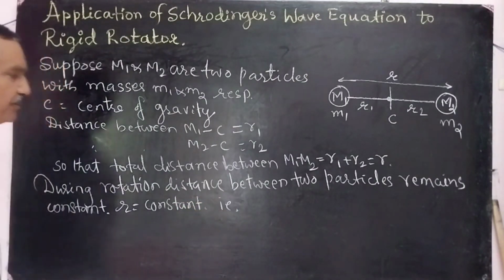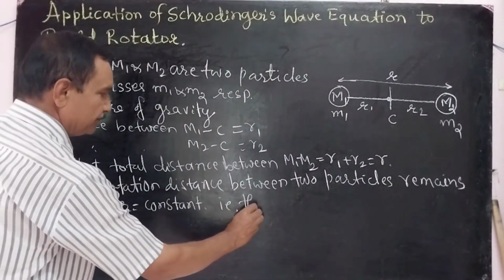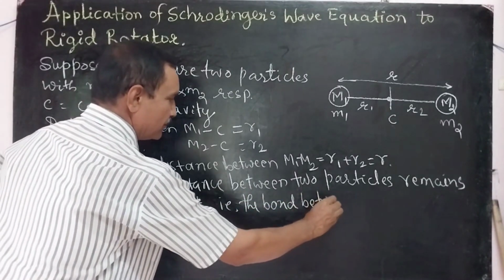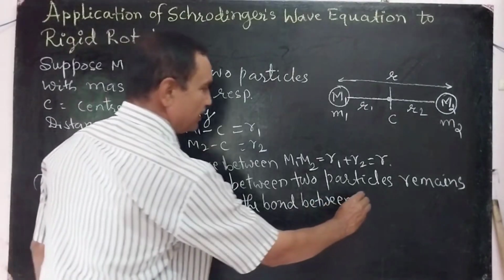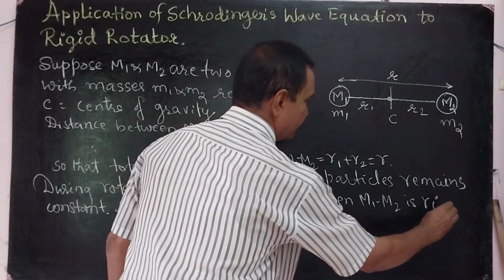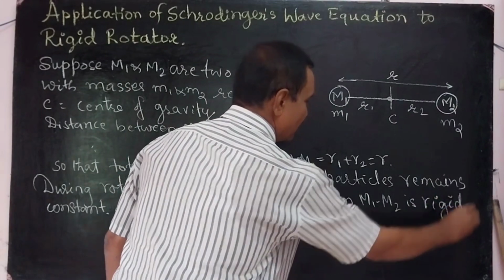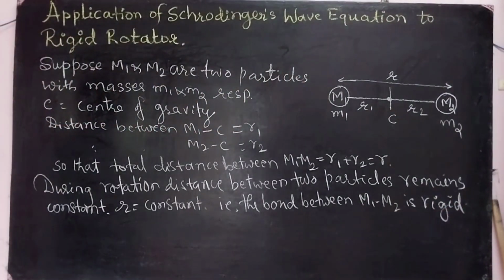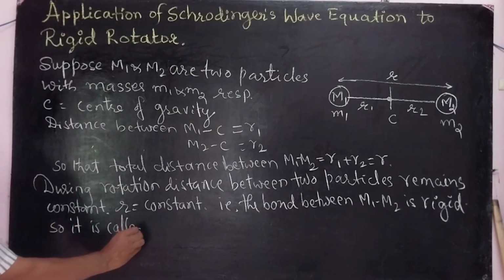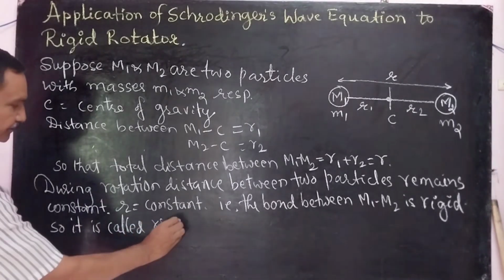That is, the bond between m1 and m2 is rigid. So it is called a rigid rotator.